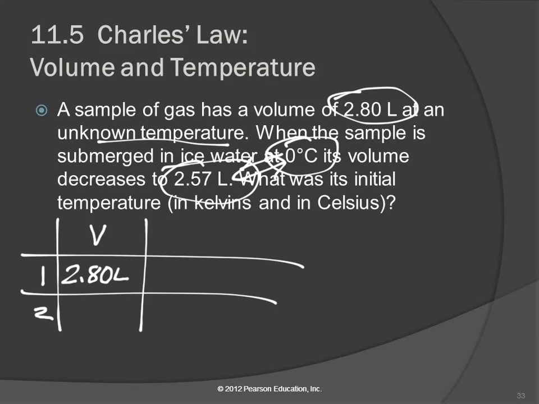So we've got temperatures in here. This is the unknown temperature. And then here I've got 2.57 liters, and I have 0 degrees Celsius. What do I need to do to that temperature? Convert it to kelvins. Let's do it right now before we forget. Plus 273.